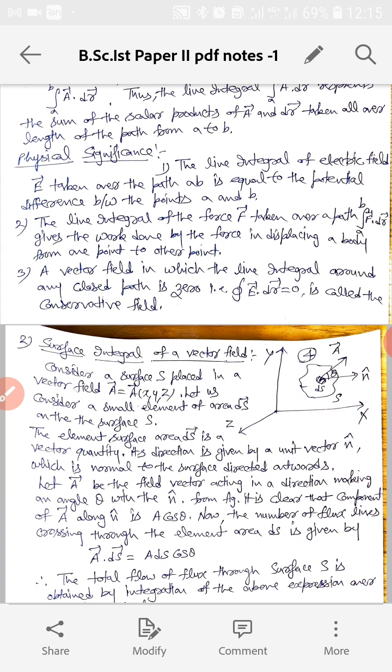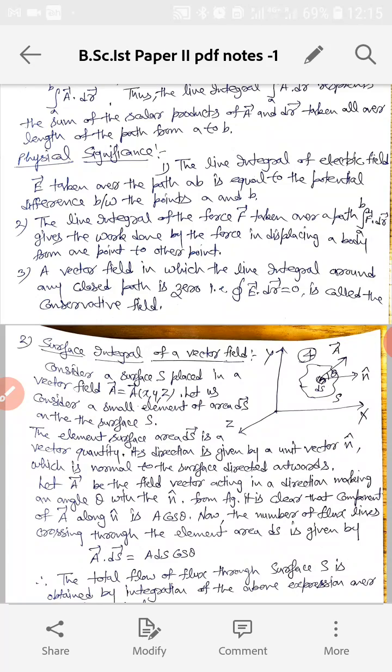And suppose in a vector field, the line integral over any closed path is 0. This can happen if we move from A to B and then again from B to A. If we form a closed loop, and along that closed loop the line integral of any physical quantity is 0, then that field, in which the line integral around the closed path is 0, is known as a conservative field.